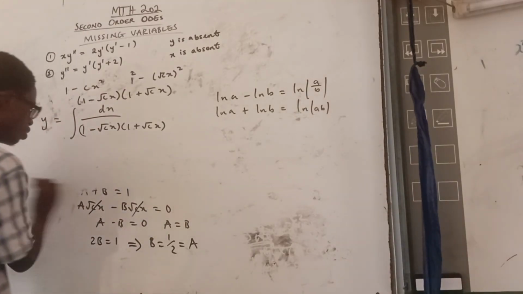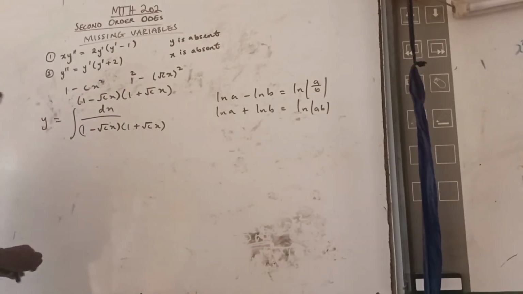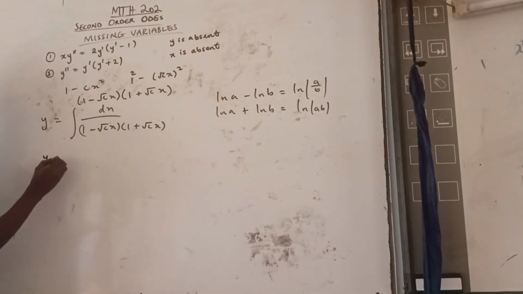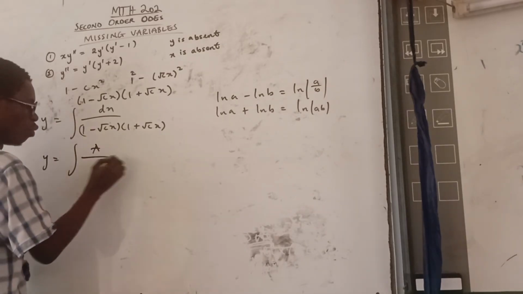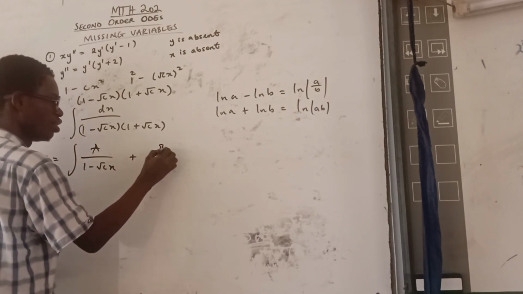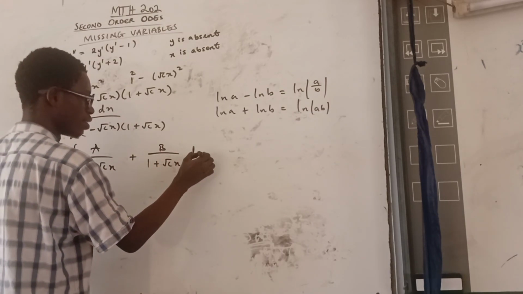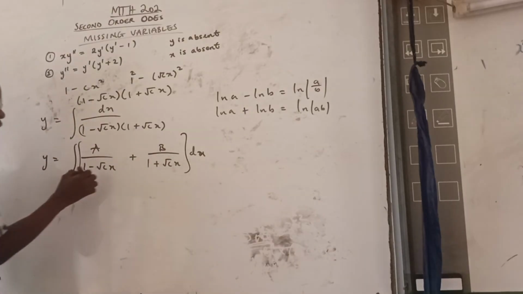Let us integrate this. So y equals, we have used partial fractions to separate this as a over 1 minus root cx plus b over 1 plus root cx, everything dx.